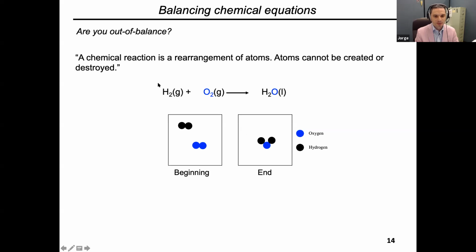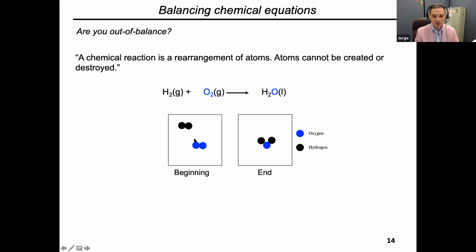Very simple reaction, a combination of hydrogen gas with oxygen gas, and that produces water in the liquid state. Let's represent hydrogen by black circles, and oxygen by blue ones. If we start with 1 molecule of hydrogen and 1 molecule of oxygen and end up with 1 molecule of water, 2 hydrogens show up in the products.